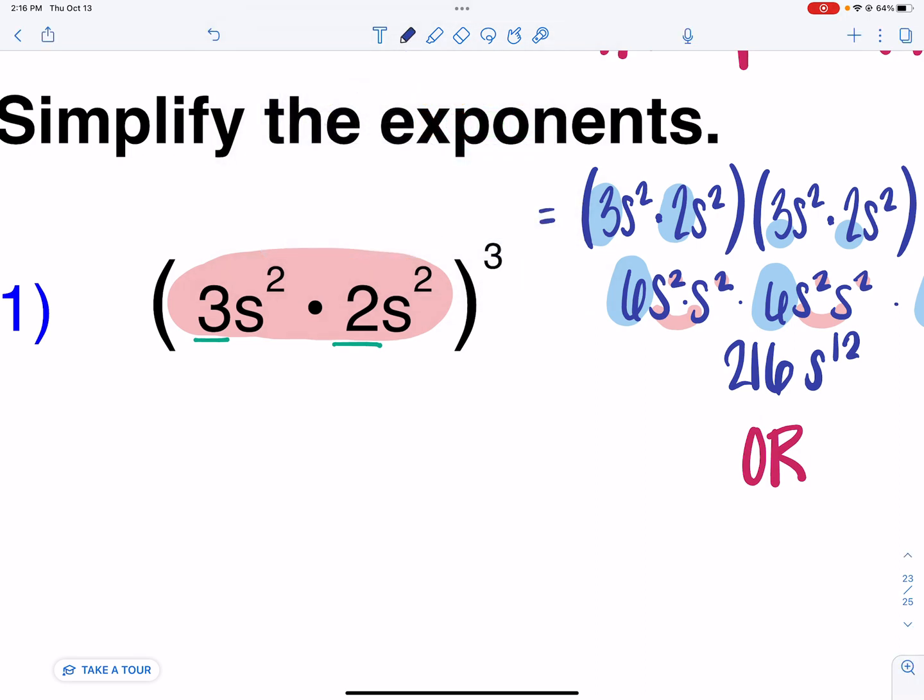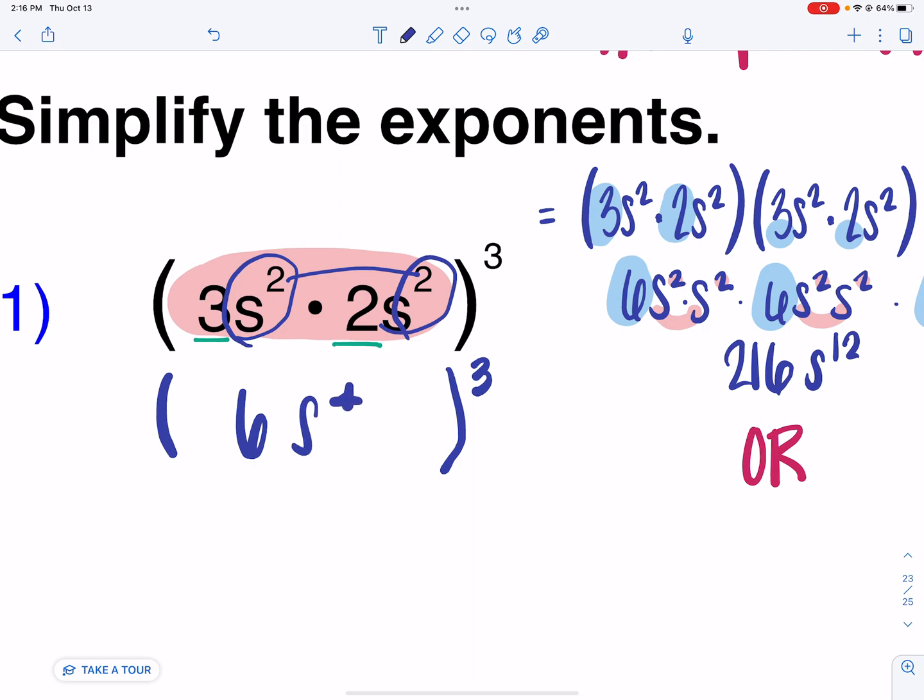I'm going to bring down my parentheses and their exponent. I know 3 times 2 is 6. And then I have the s's. I know I said I was going to do it in green. I'll switch it in a minute. I have like bases, so I can add the exponents. That leaves me an s to the 4th.